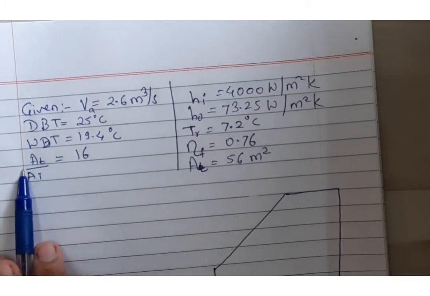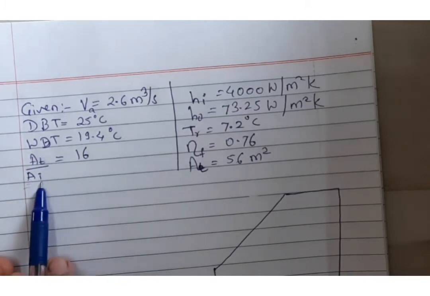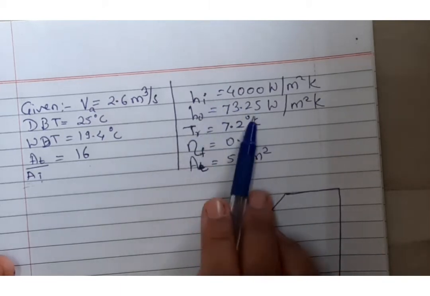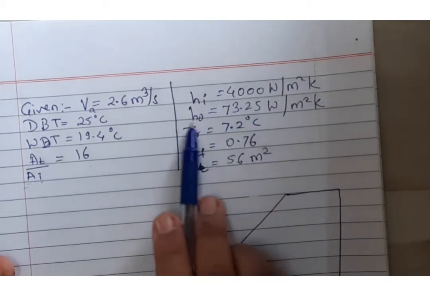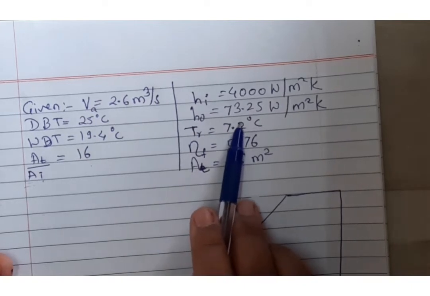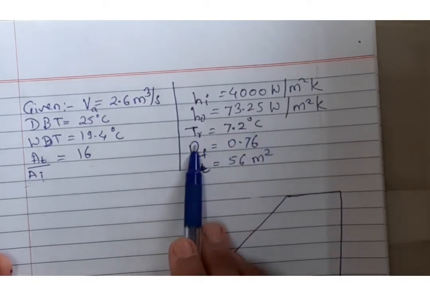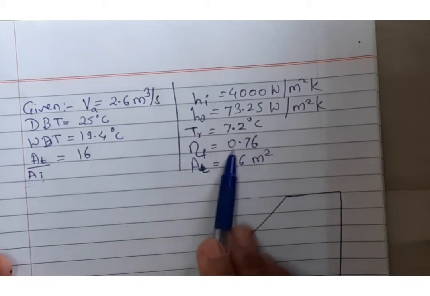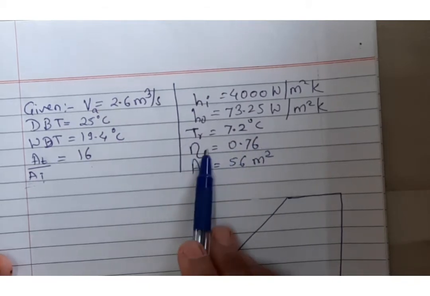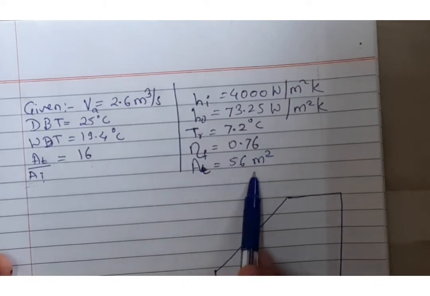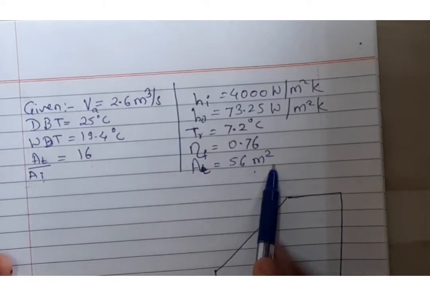Ratio of the outer area to the inner area is 16. HI is given to us. HO is also given to us. Temperature of the refrigerant is also given to us as 7.2 degrees Celsius. Effectiveness of the fin is also given to us as 0.76, and total area is also given as 56 meters square.